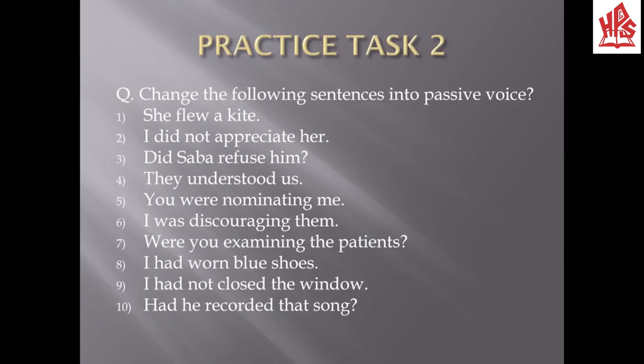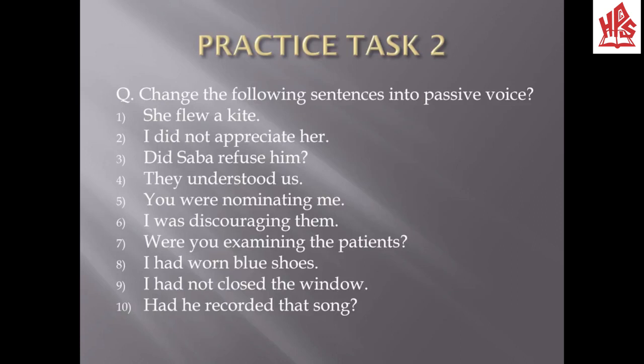The conversion of subject and object will remain the same. The third form will remain the same. One thing will change, and that is the helping verb. If it is past simple, if it is the second form, go for was, were. For clearing the concept more, we have some more sentences covering past tenses: past simple, past continuous, and past perfect.